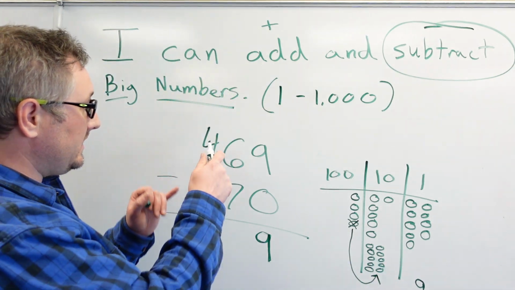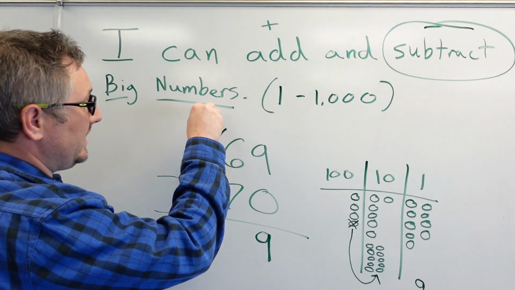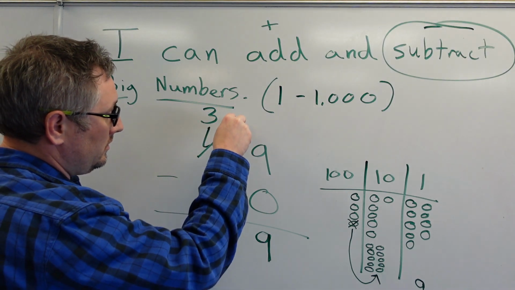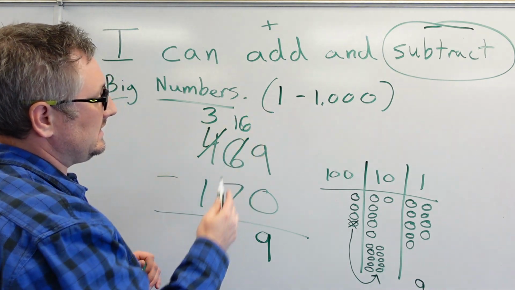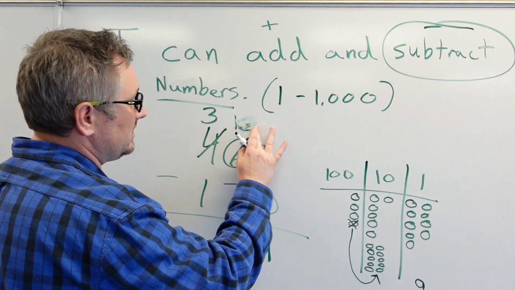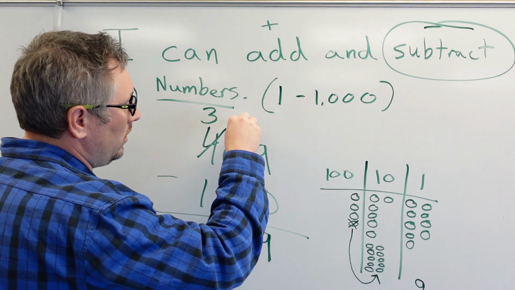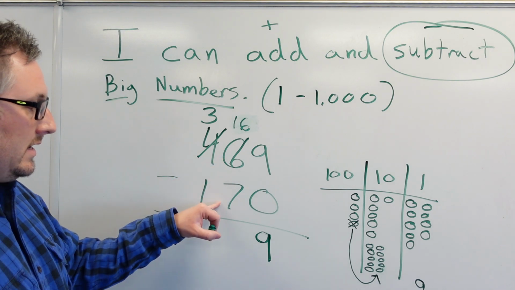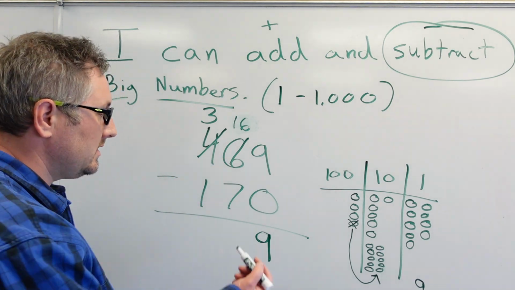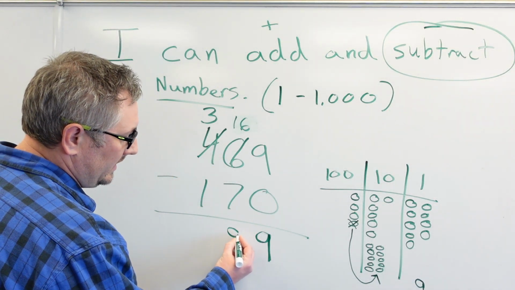Now, if I add those 10 tens to my tens column, I will have 16 tens. Make sure that looks nice and neat for you. 1, 6. 16 minus 7. I can do that. 16 minus 7 is 9.